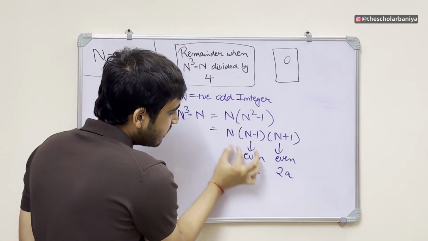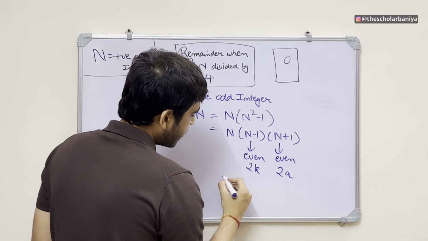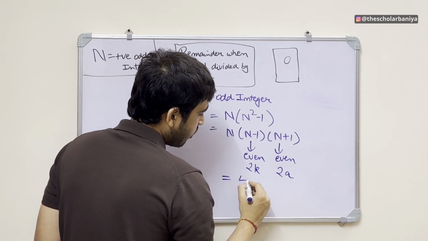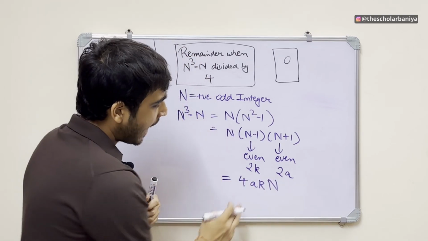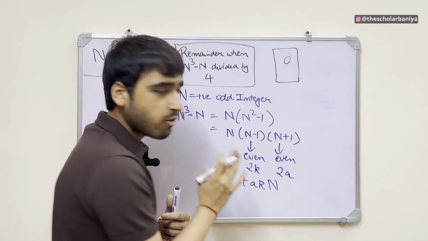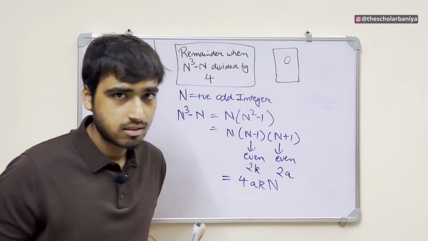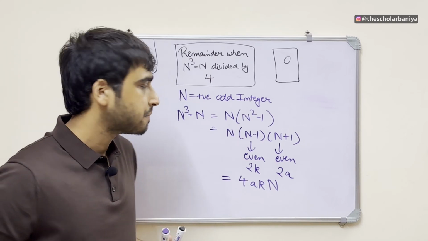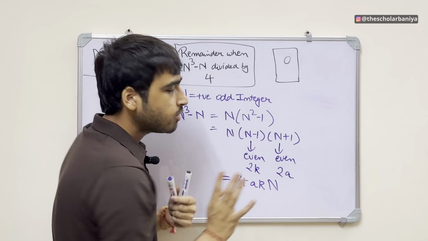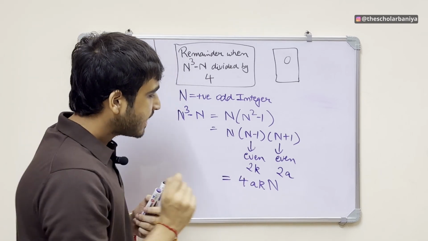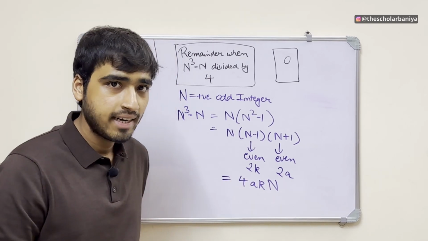Now if we multiply these three, this becomes 4 times akn, right? I don't care what a is, what k is, or what n is. It can be anything. We know n is odd, but I don't care about a and k. What I care about is this 4, right?